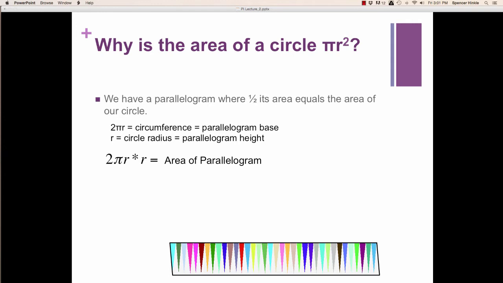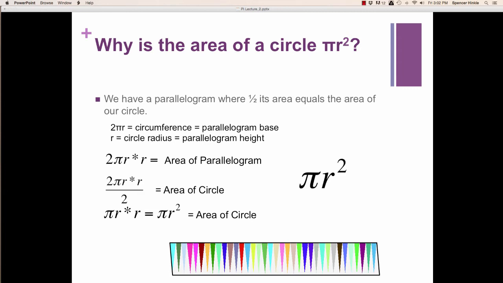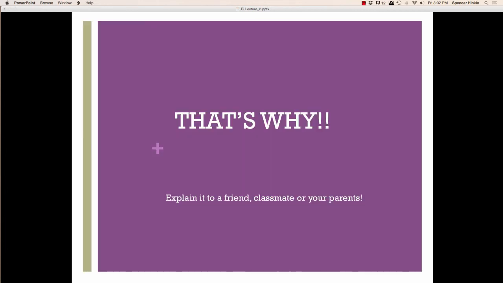To find half of the parallelogram's area, we divide by 2. The 2 cancel out, leaving us with pi times r, and if we simplify the equation, drum roll, we get pi r squared. And that's why pi r squared is the formula for the area of a circle.